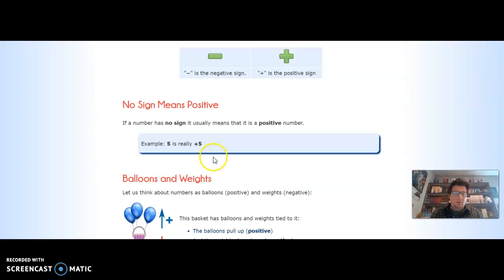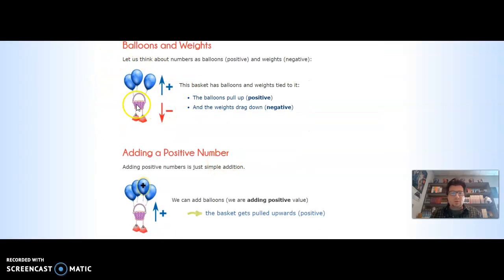That's how it works. They want to use this picture to show you how negative and positive work. Let's say we've got weights on the bottom and balloons on the top filled with helium. Helium makes the basket go up and the weights make it go down, and it really depends on which one has more value. You've got positive 3 up here and negative 2.